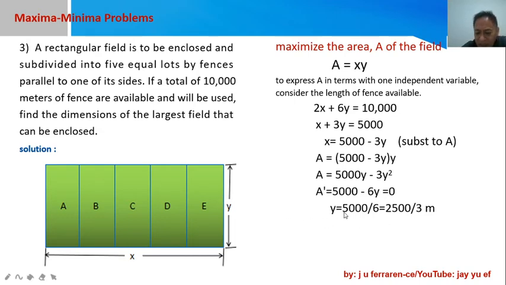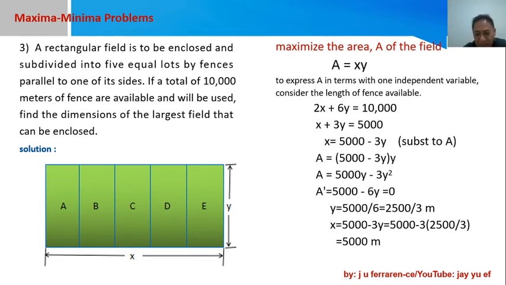And I can solve for my X by going back to X equal to 5,000 minus 3Y. So it is 5,000 minus 3 times 2,500 over 3. There I obtain, this is again wrong, I was not able to correct it. So this is again 2,500 meters. This is my answer.